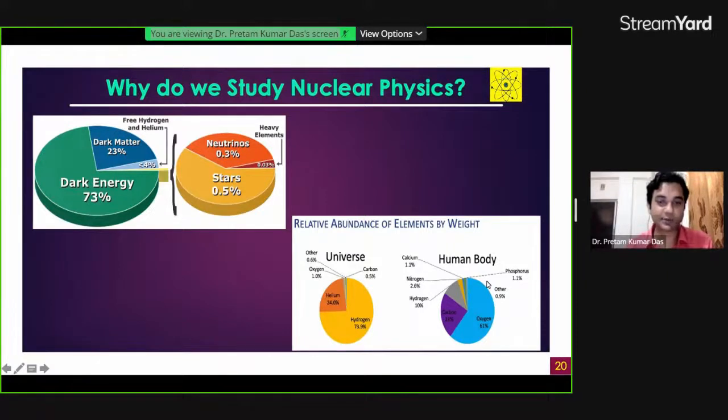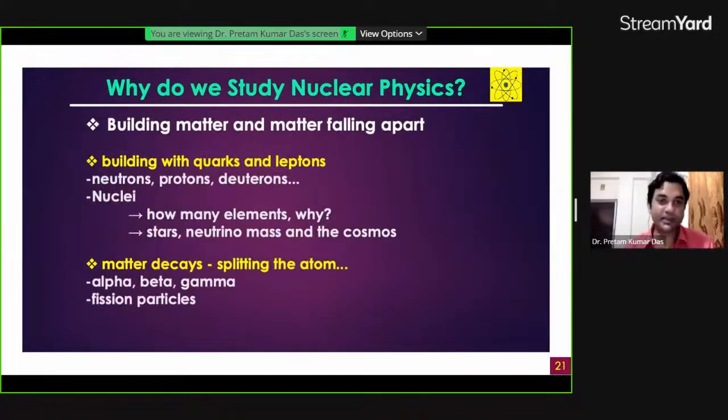So when scientists call us stardust, it's very true. We can understand the neutrons, protons, deuteron, and the nuclear structure by studying nuclear physics and their decay, like alpha, beta, and gamma, and other reactions also.